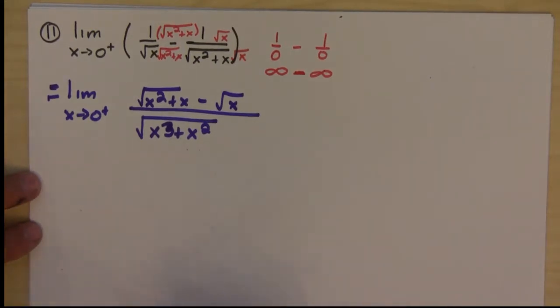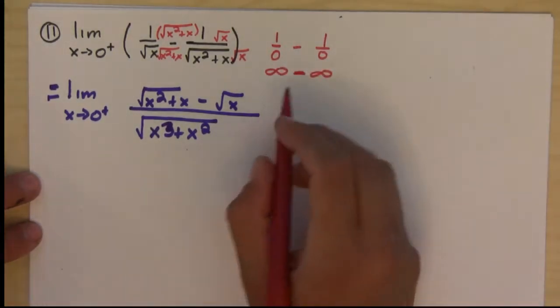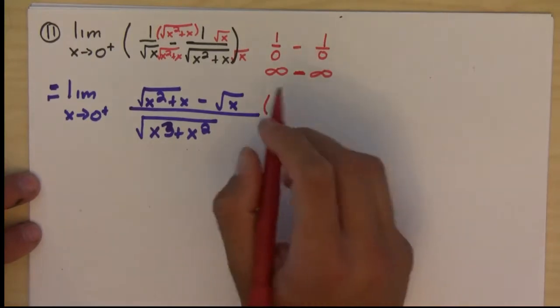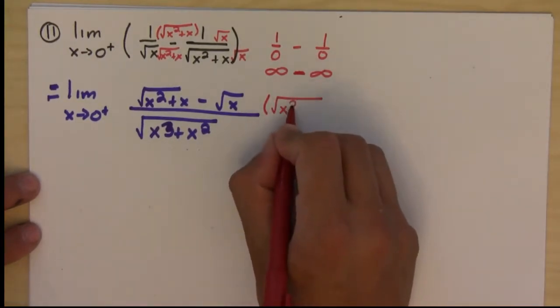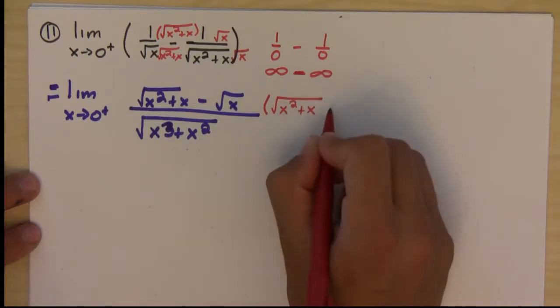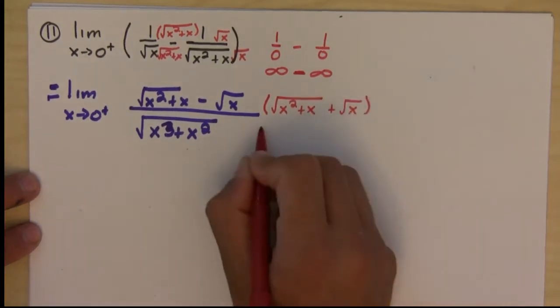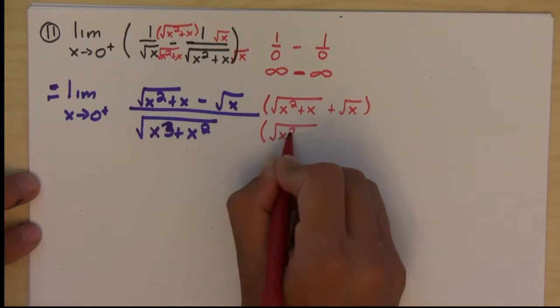So why don't we try doing our usual trick that we use? Why don't we multiply by the conjugate? So if we multiply top and bottom by the conjugate, we would multiply by square root of x squared plus x, plus square root of x, top and bottom.